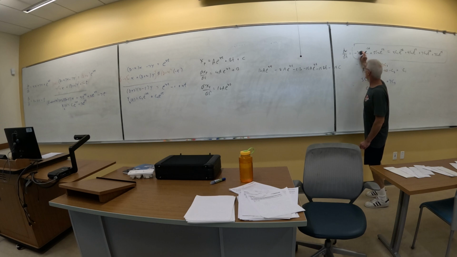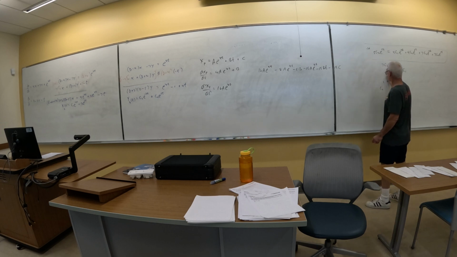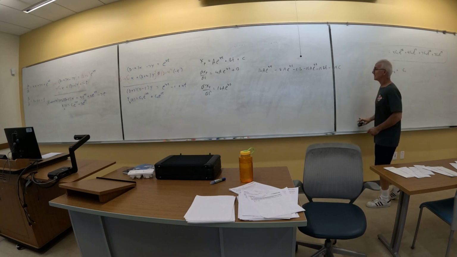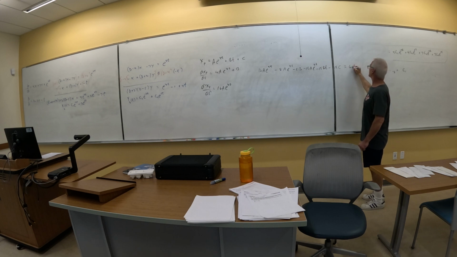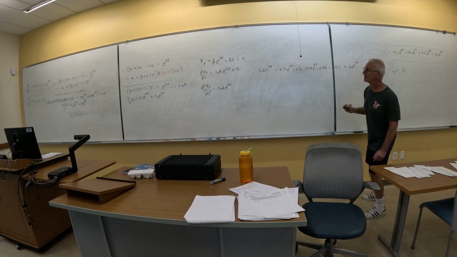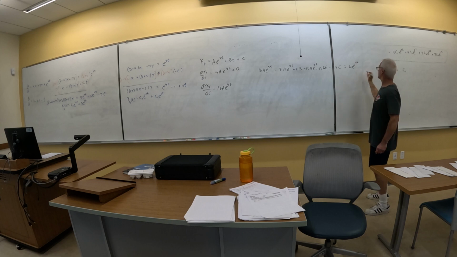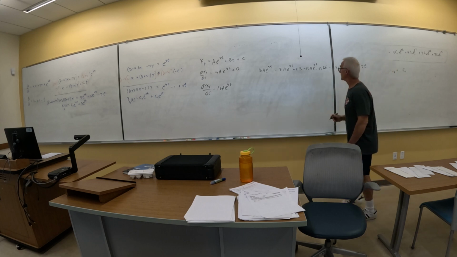Okay, and what is all this supposed to equal? It's all supposed to equal 6e to the 4t minus 17t. Yes, it's minus 17t. All right, let's clean up the left side.